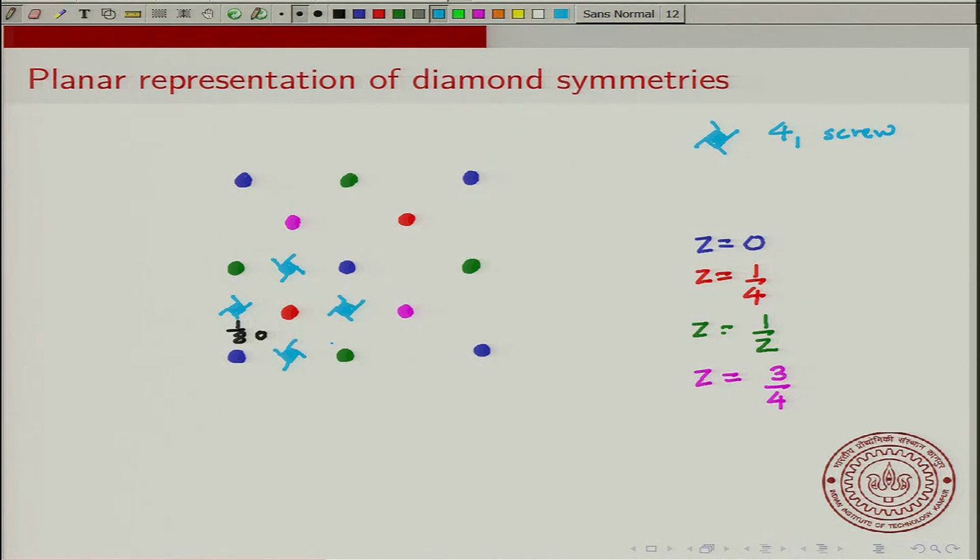And now additionally there is of course the diamond glide plane. Okay, so the diamond glide plane is shown in the following way. This is a diamond. This is a representation of the diamond glide.